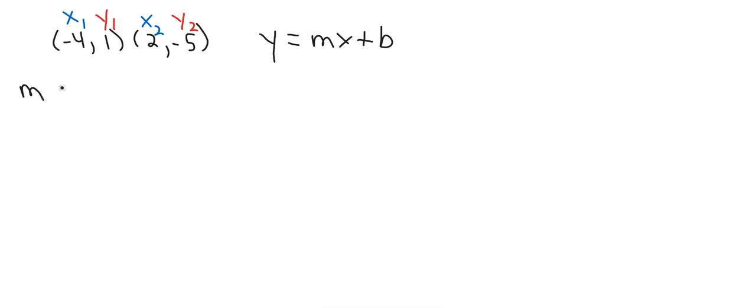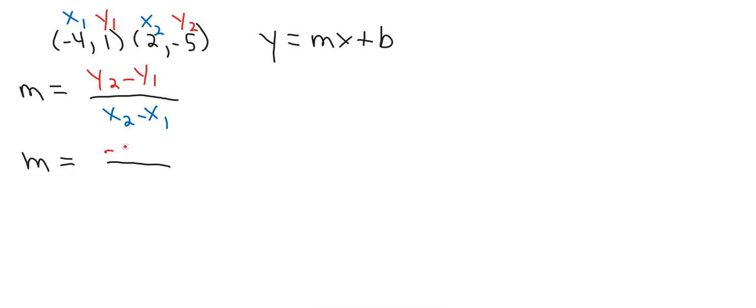Equation for slope: change in y values over the change in x values. Negative 5 minus 1, all over 2 minus a negative 4.